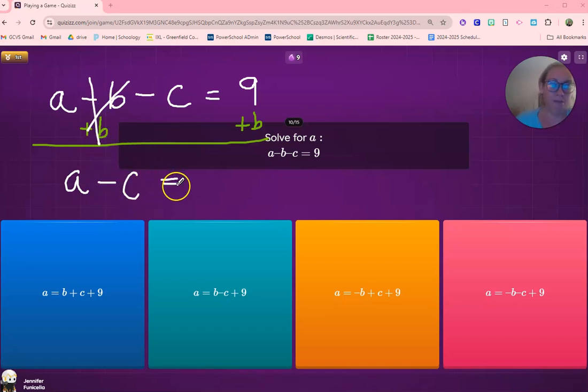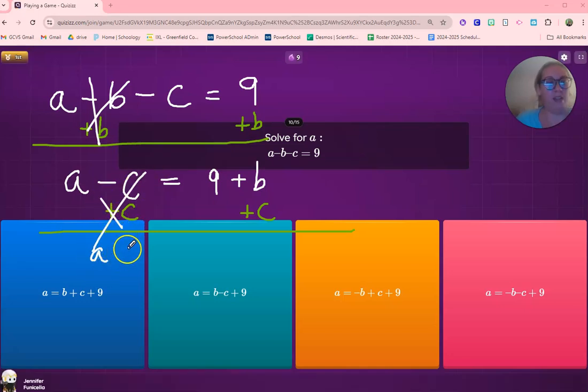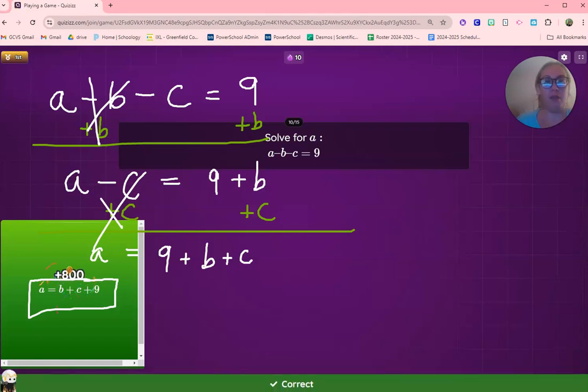Minus C equals 9 plus B. And then we're going to move that negative C over there as well to get A equal to 9 plus B plus C. So we have B plus C plus 9, all positive and being added to each other and equal to our variable A. Go ahead and click that once you're all set. Beautiful.